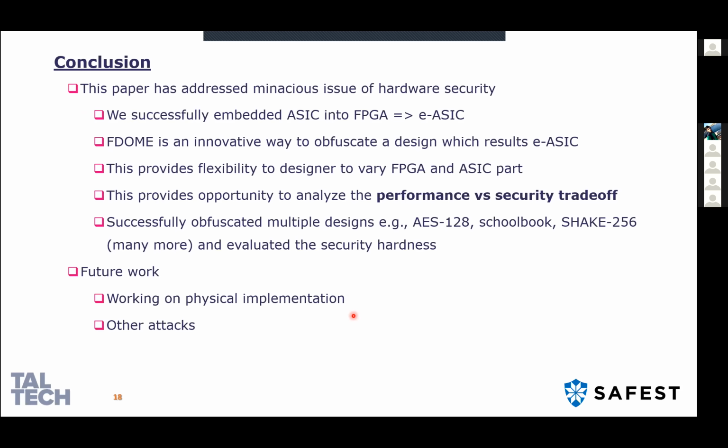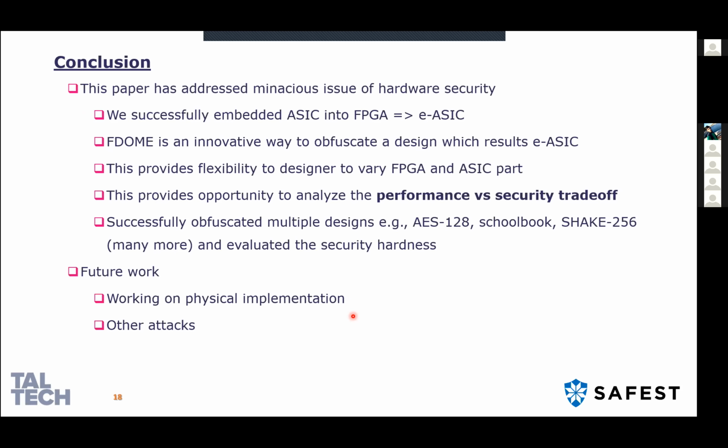This also provides design flexibility to the designer, where he can vary the FPGA and ASIC part, and analyze the different consequences by variation. This also provides an opportunity to analyze the performance versus security trade-off once the designer varies the ASIC and FPGA part.